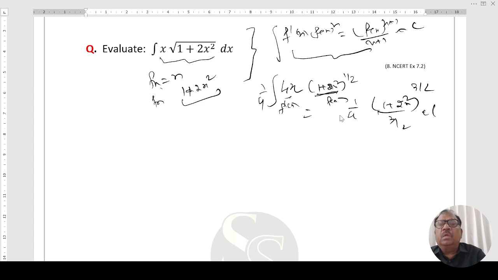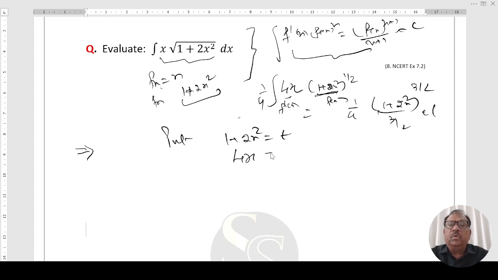What is this answer? Or by substitution method, see, in a typical question we can use it directly. Put 1 plus 2x square equal to t, differentiating both sides with respect to x, 4x dx equal to dt. So x dx equal to 1 by 4 dt.